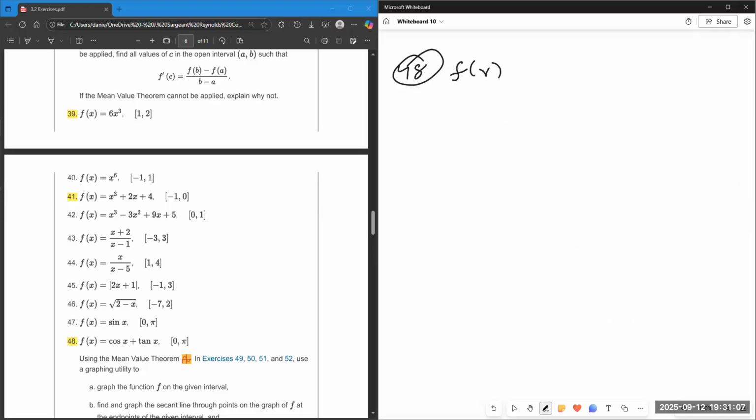f of x is equal to cosine of x plus tangent x on the interval from 0 to pi.